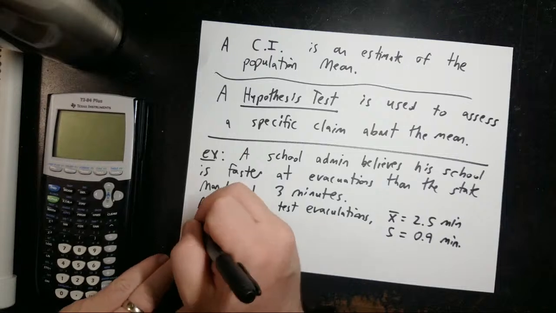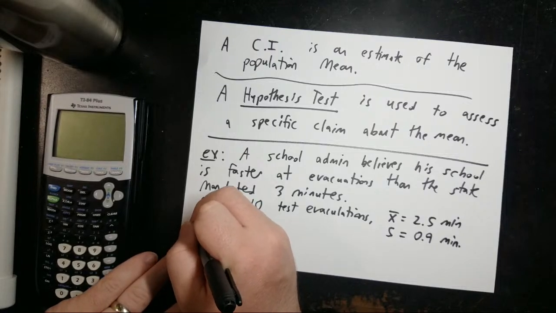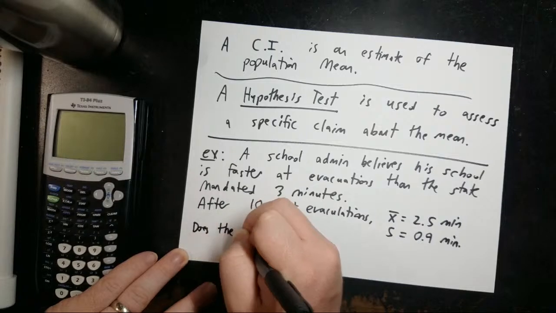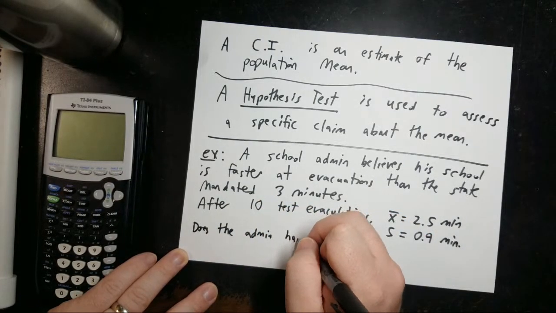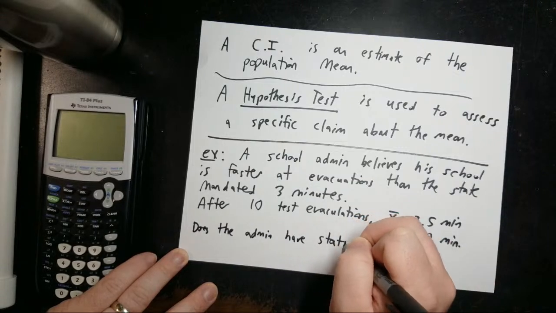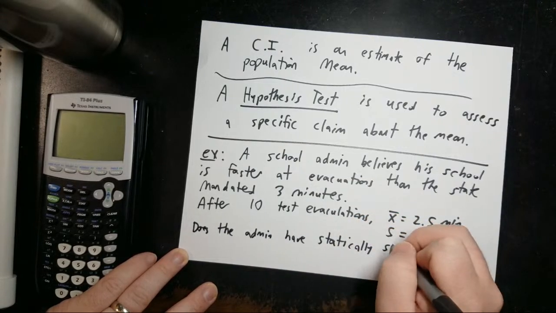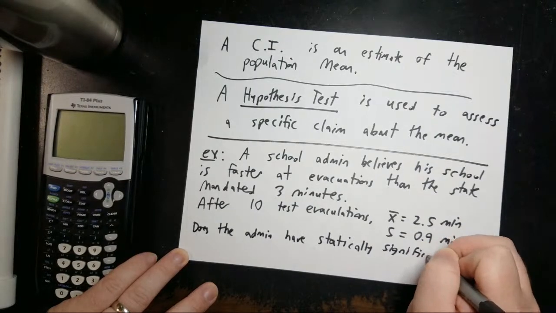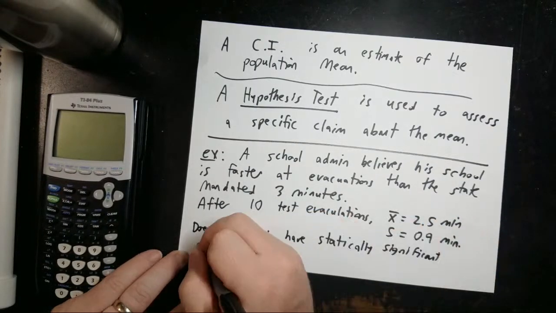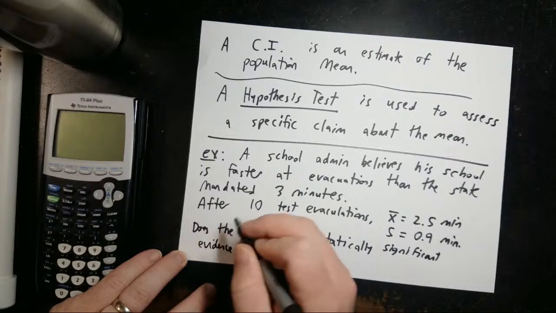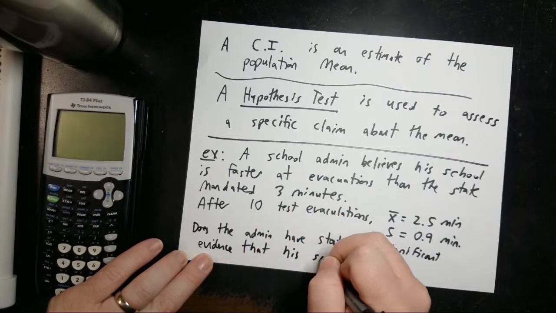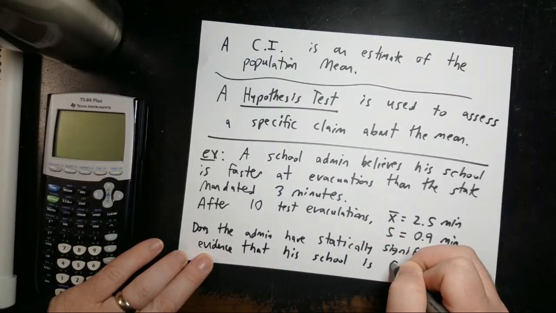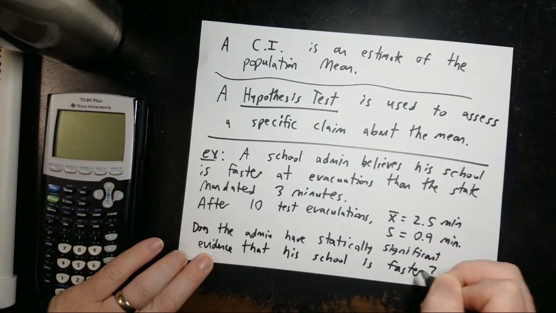But here's the question. Does the admin have statistically significant evidence that his school is faster?